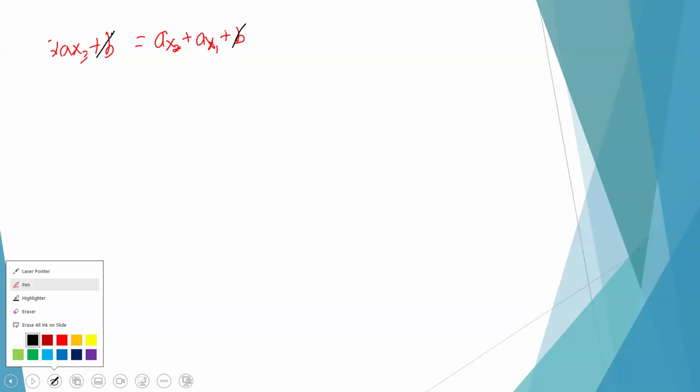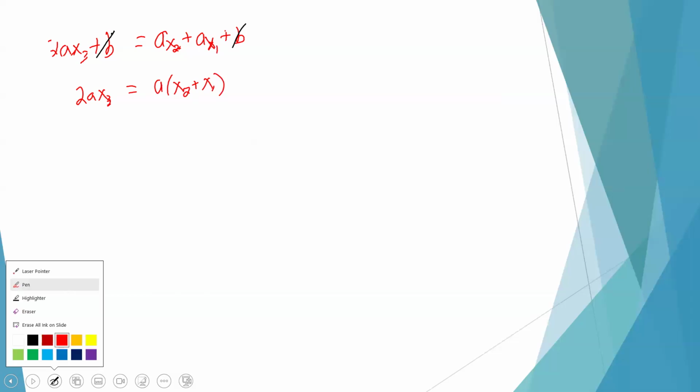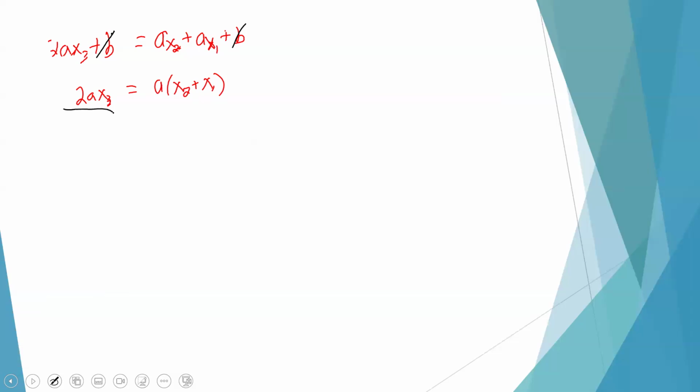Let's do that. So now I have 2ax3 is equal to a times x2 plus x1. Now I can divide by a to filter my a's off. Right? They're gone.